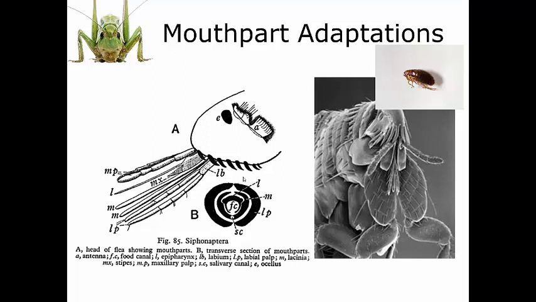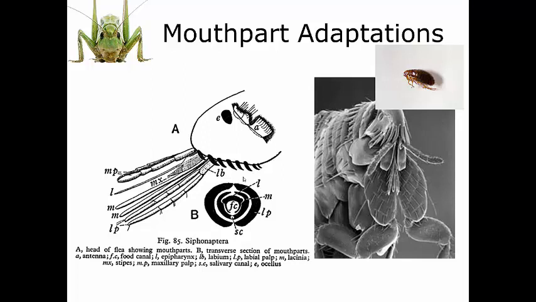So these maxillae are distally serrated. They have these backwards directed teeth that allow for easy cutting into the flesh. The labrum and the maxillae are enclosed by the labial palps. So there's a groove down the median surface of the labrum that serves as an extension of the food canal, and it passes directly into the suction pump of the pharynx.